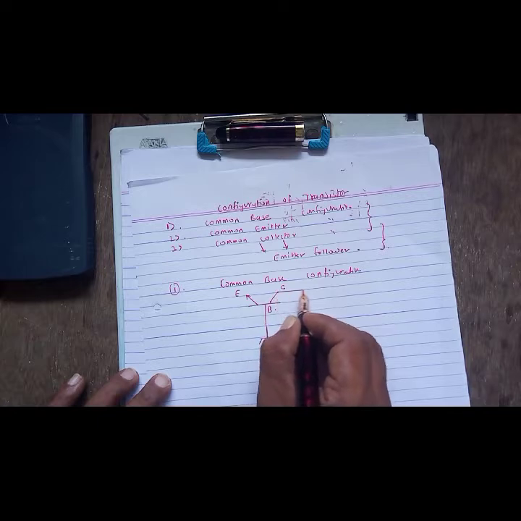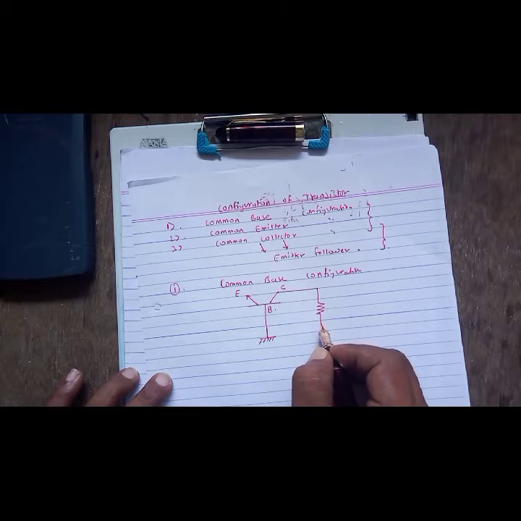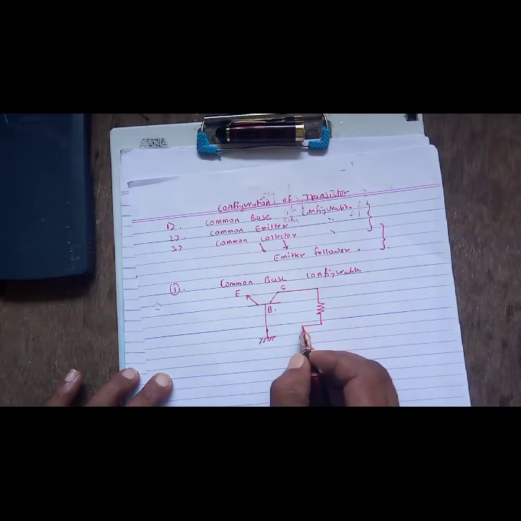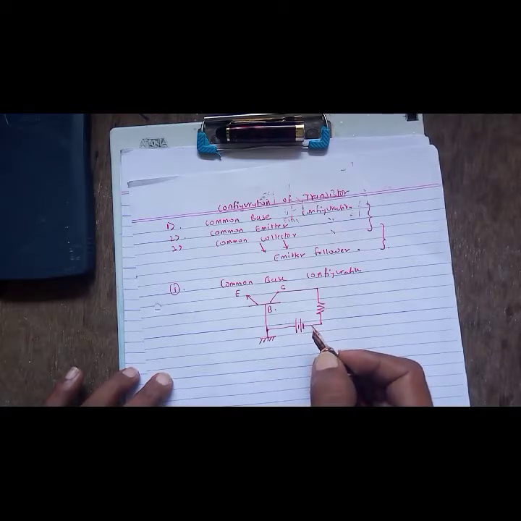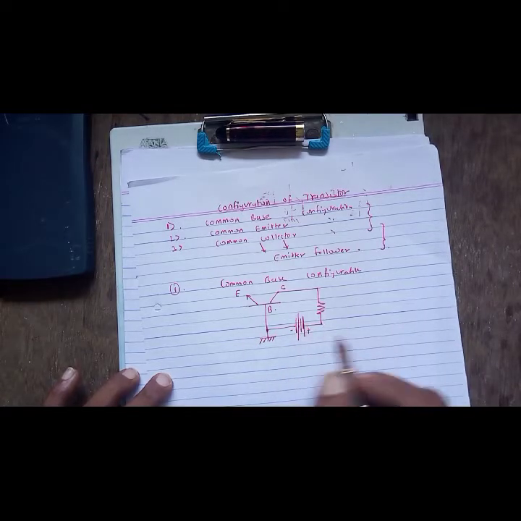From this collector we connect one resistor like this, and it is connected to the base, but here we have to connect one battery like this, the positive and the negative.